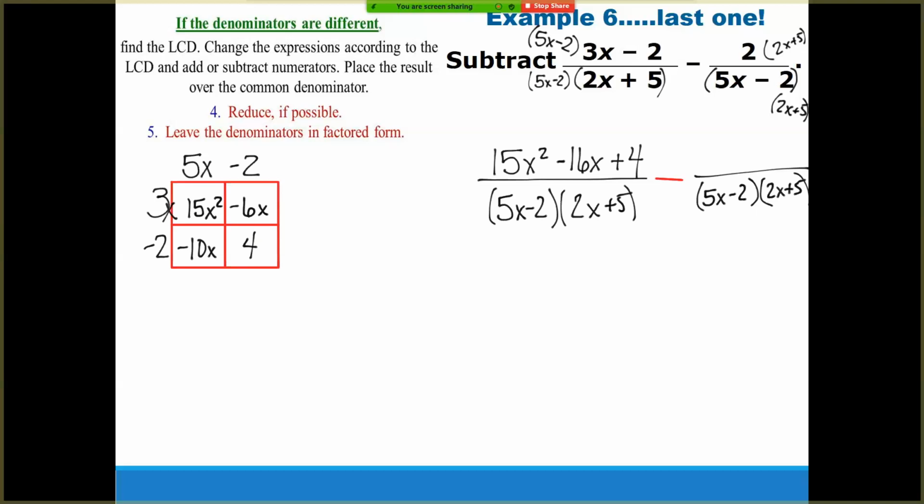When I look at the top here, I don't have to box because I've just got one term times two terms, which means I can just distribute. So 2 times 2x is 4x, and 2 times 5 is 10. The tricky part is I have a minus sign, which means I need to distribute that negative to the top of the second fraction.